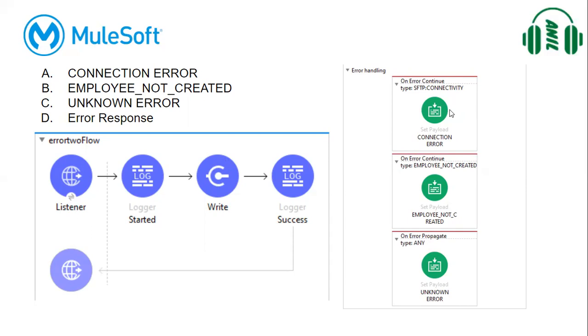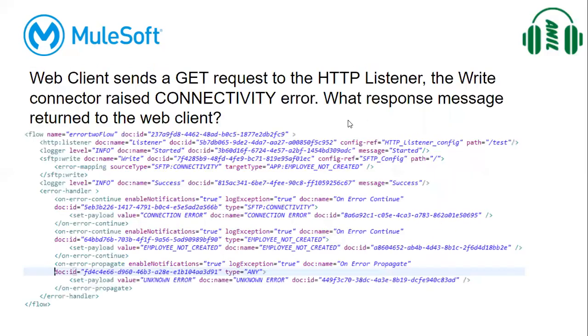Here we also need to observe the XML. See here in SFTP write, we have an error mapping. Source type SFTP connectivity, then target type employee not created. This means when it raises connectivity error, we are defining here to go to the employee not created error type.